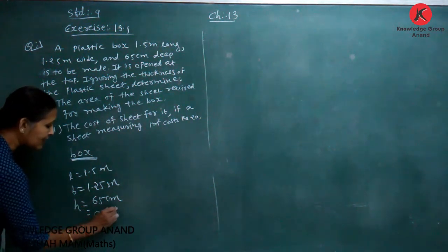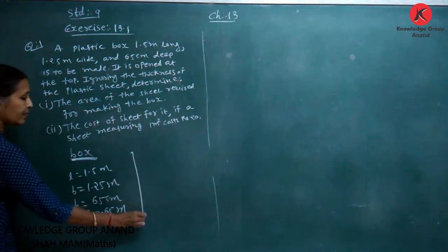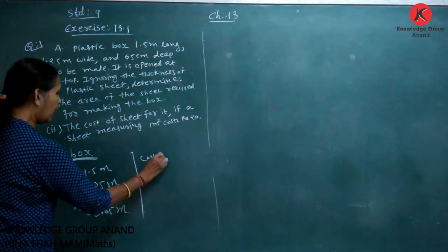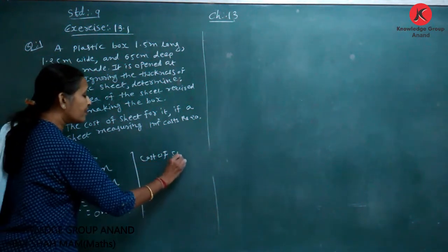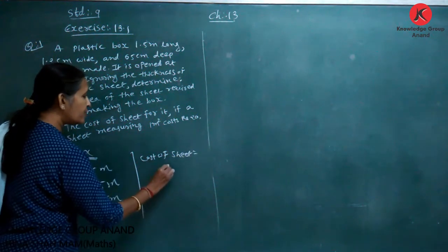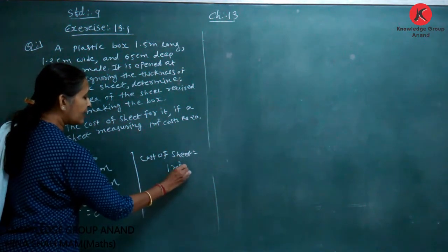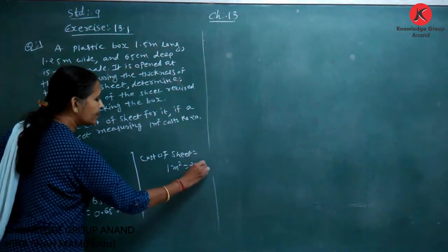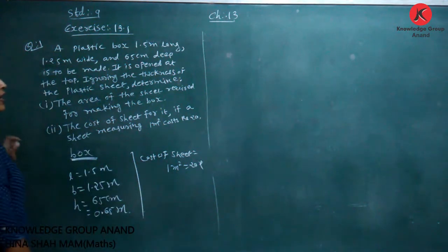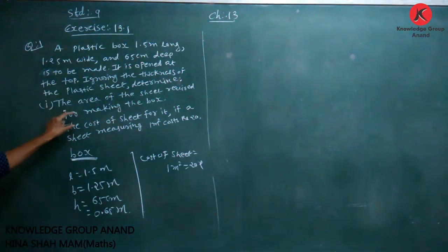Therefore 0.65 meter. Cost of sheet: 1 meter square is equal to 20 rupees.